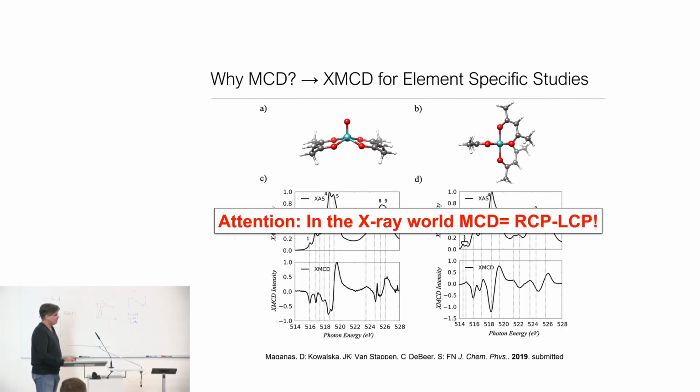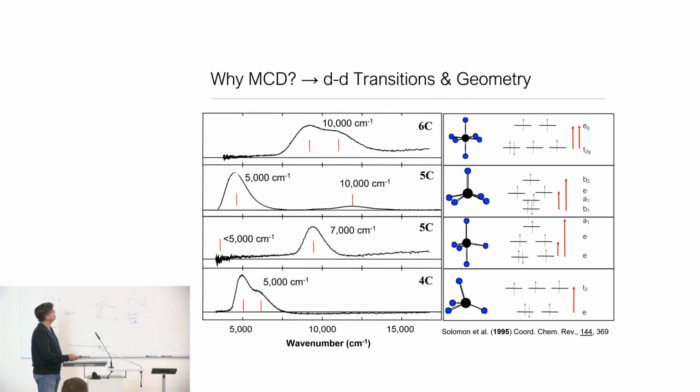Let me give you a little bit of an example of how nicely you can use it. As I said, MCD is a great technique to measure d-d transitions in the near-infrared region. One of those systems where that's really useful is high-spin iron(II) complexes.